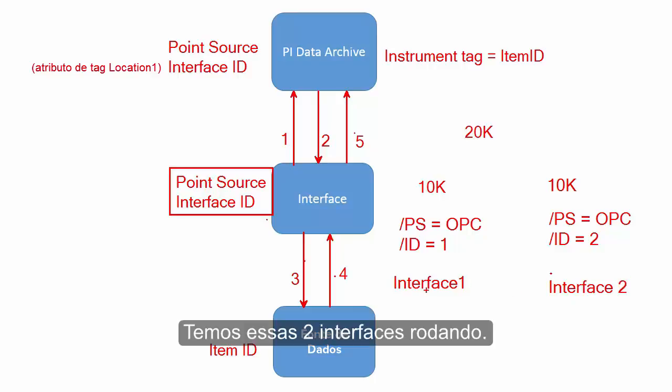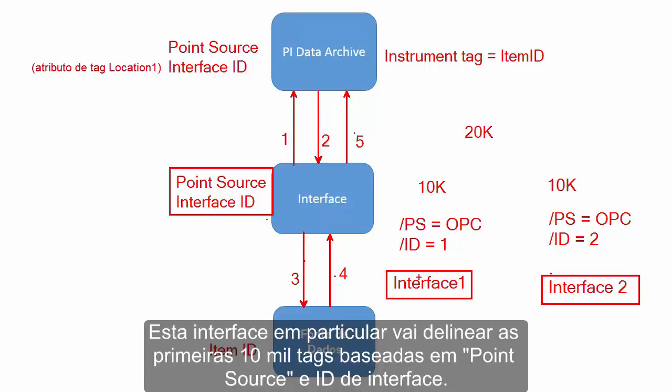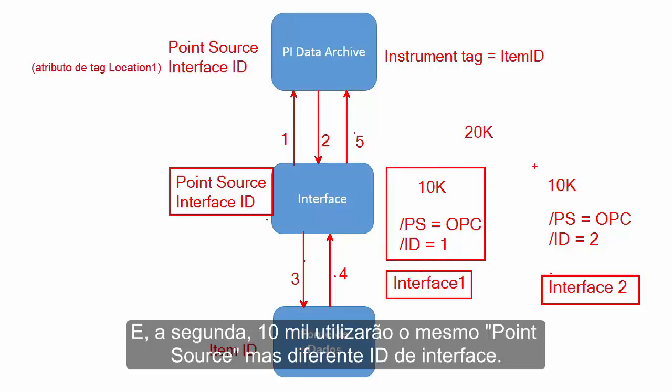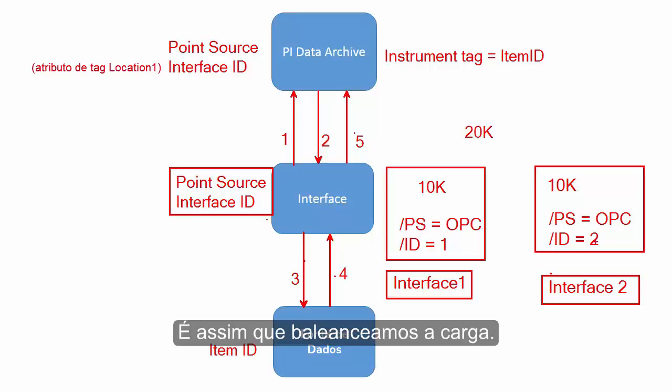So we have these two interfaces running. This particular interface would utilize the first 10,000 based upon point source and interface ID, and the second 10,000 will be utilized by the same point source but a different interface ID. So that's how we can load balance.